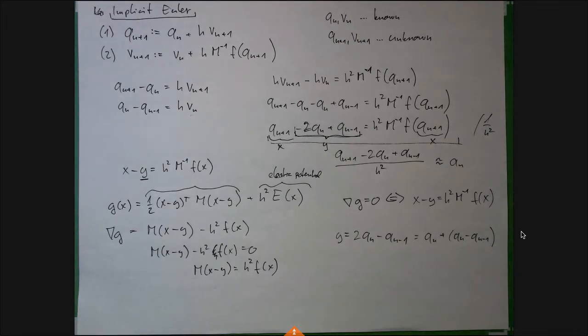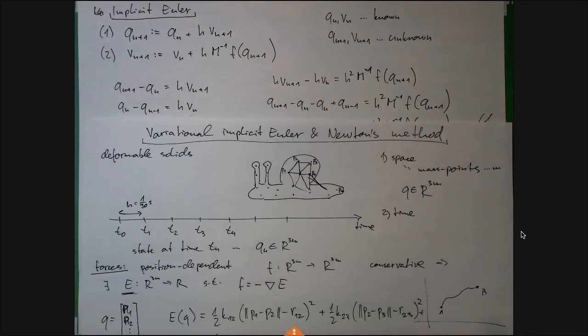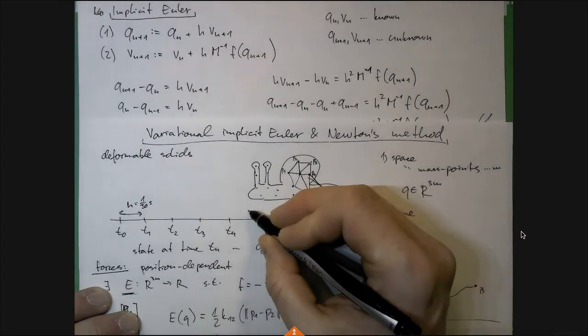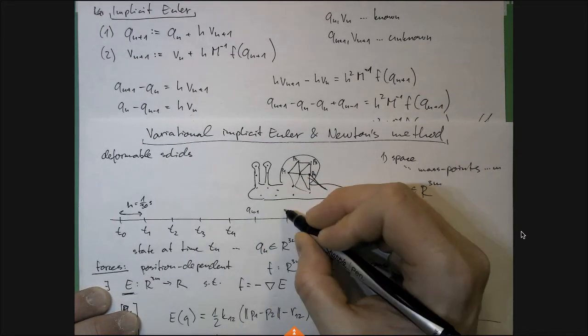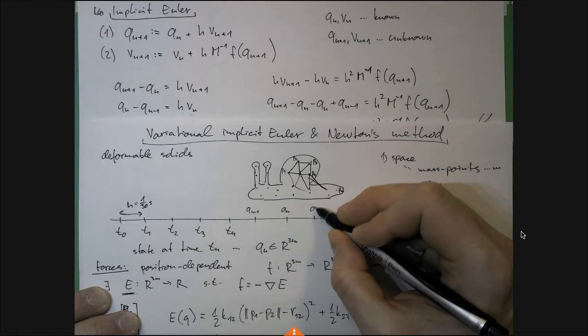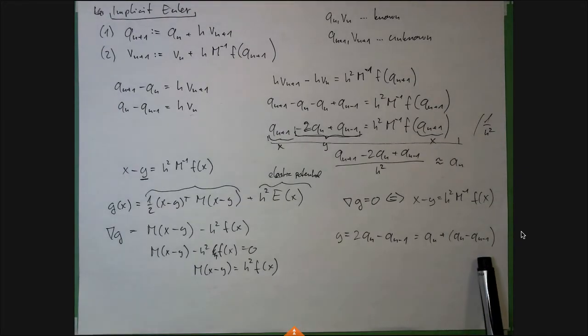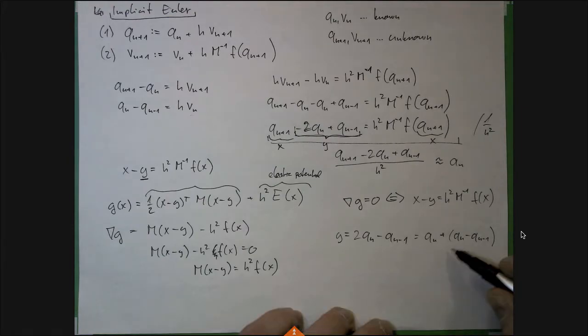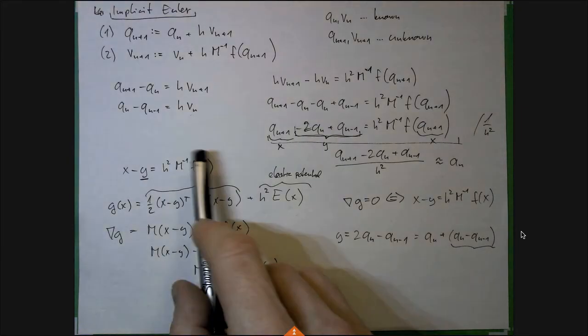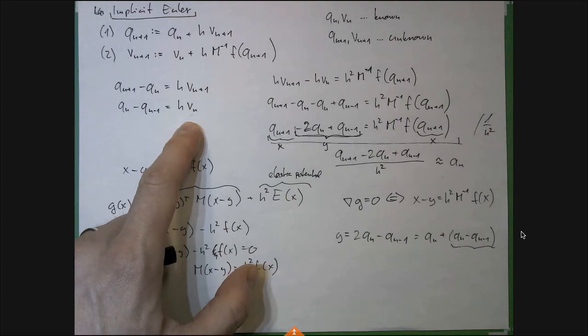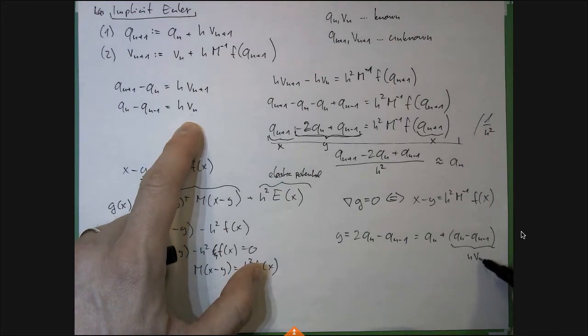Okay. And can you tell me what this is? If this is my time line, this is qn minus 1, this is qn, and this would be qn plus 1, right? So then qn minus 1, that's nothing but, I think we had it somewhere, right? Oh, it's right here: h vn, time step times the velocity at step n.